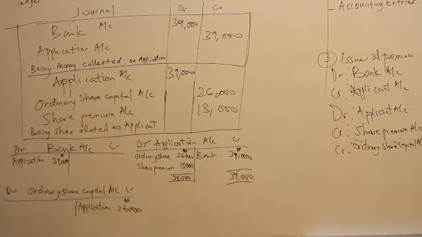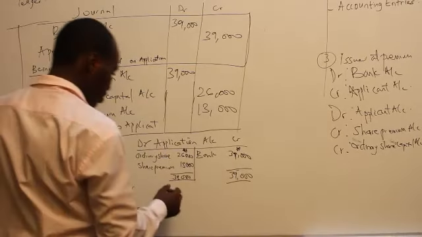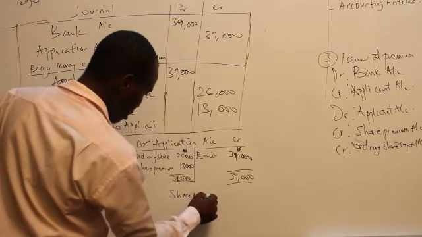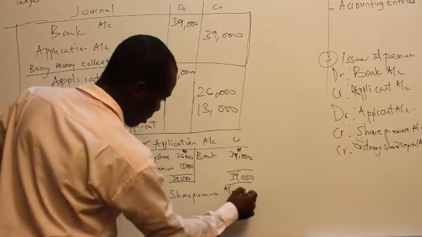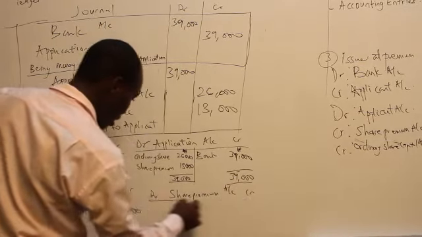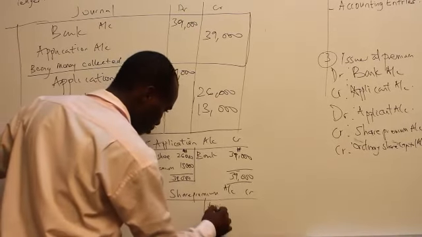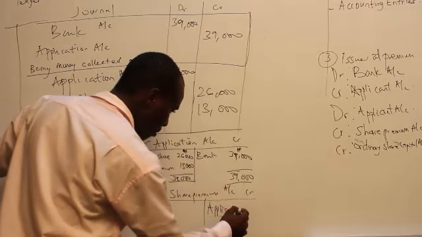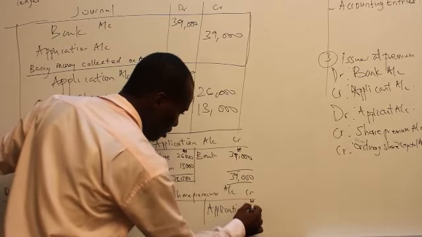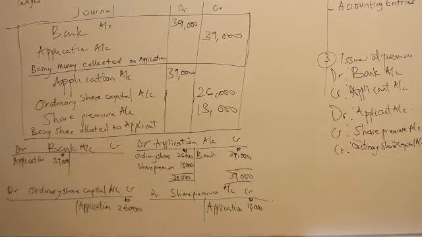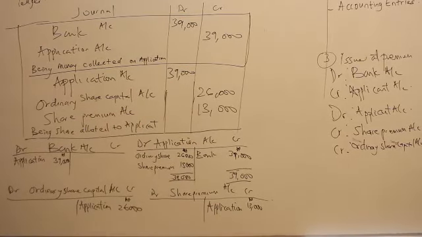So that has been debited here. Next we have the share premium account. We are going to credit that with application, 13,000 naira. So that is all about the double entry, the double entries of recording issues of shares.